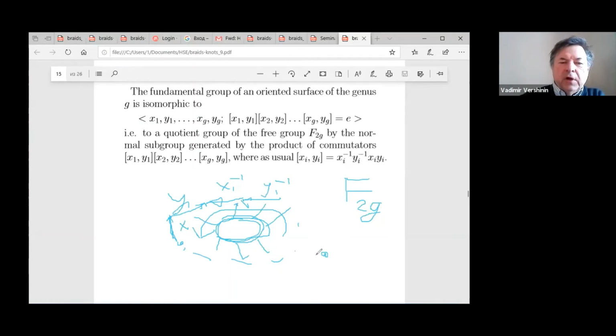So what do we have? We have one point and a bouquet of 2g circles. So homotopically, the surface of genus g with one boundary component is equivalent to 2g circles, right?